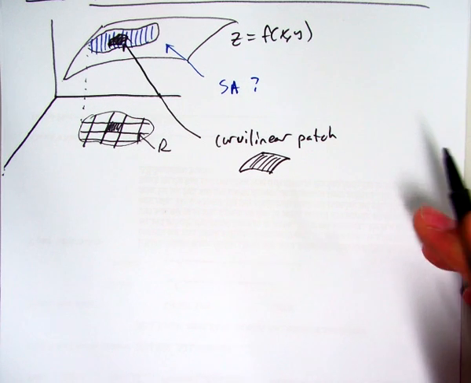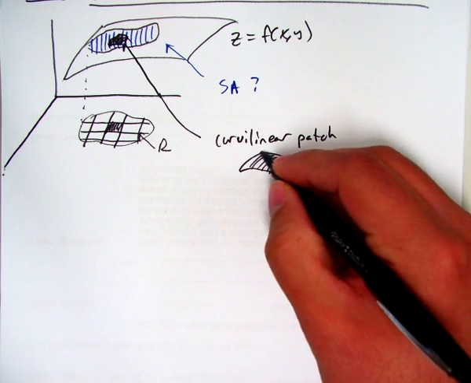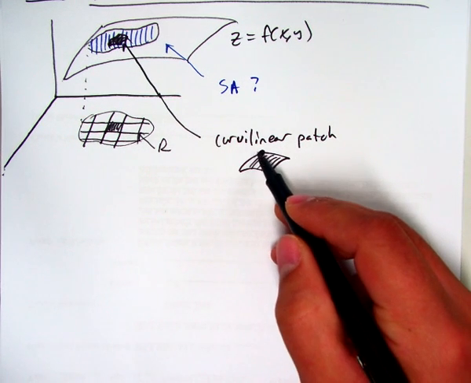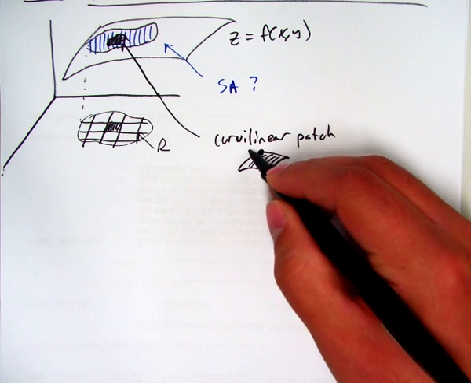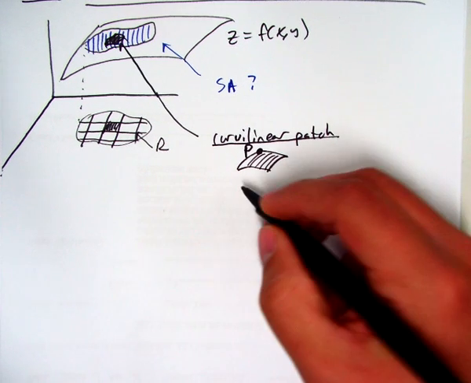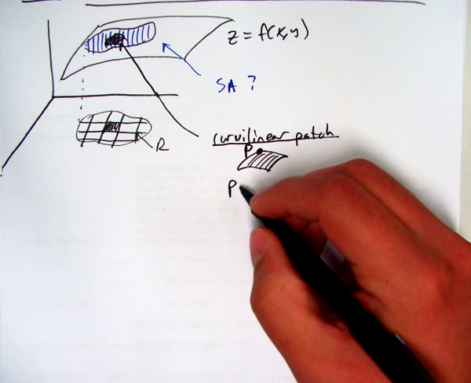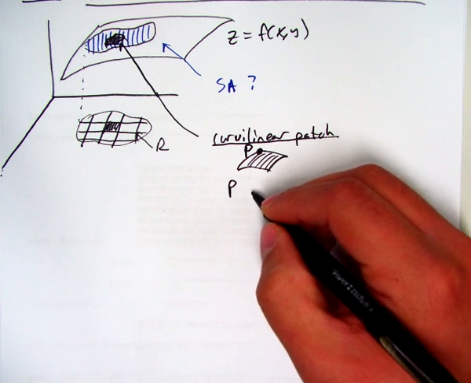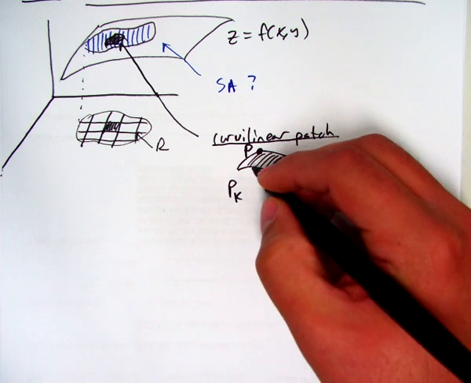Okay, so now what we're going to do is define some things here. Let's call this corner point P. And let's say P has coordinates, let's go ahead and call it P sub k.